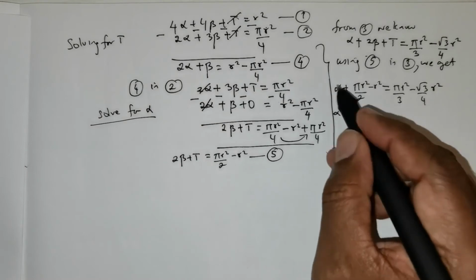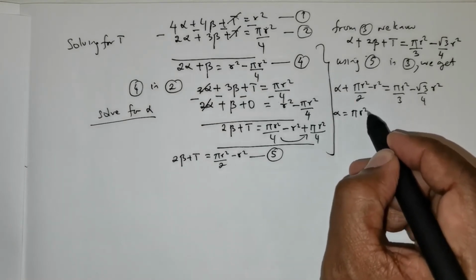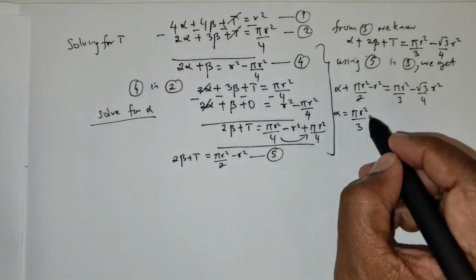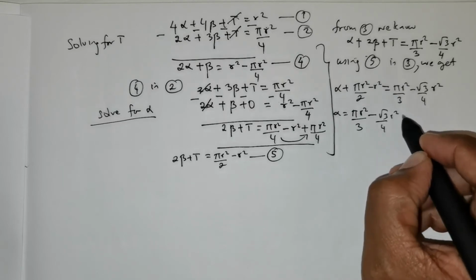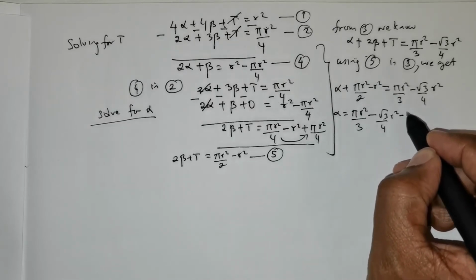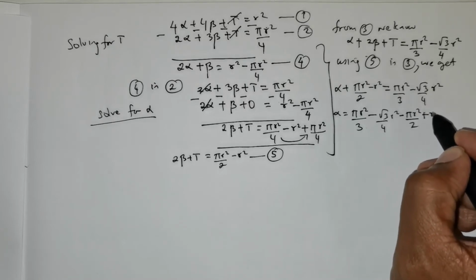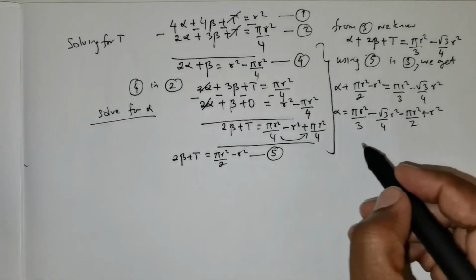Now let us simplify and obtain the value for alpha. So we got pi r squared over 3 minus root 3 over 4 times r squared minus pi r squared over 2 and plus r squared. So we've got all this.